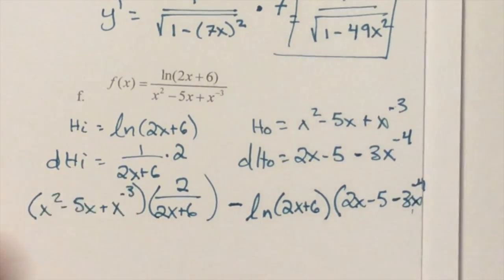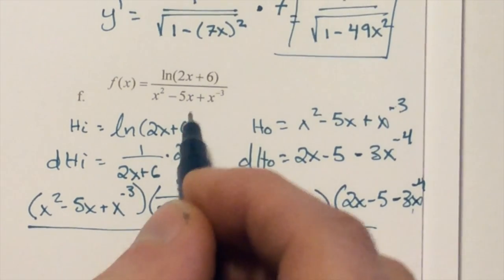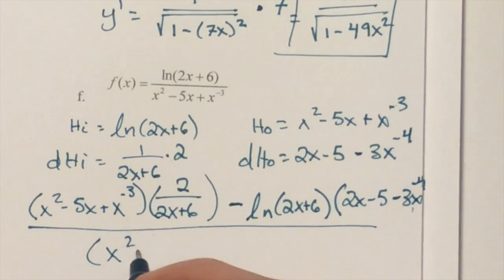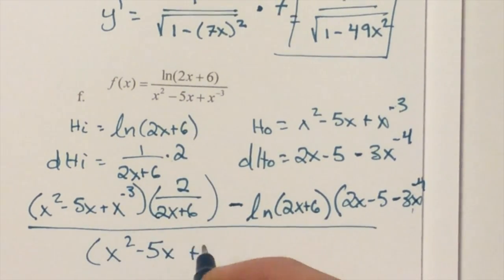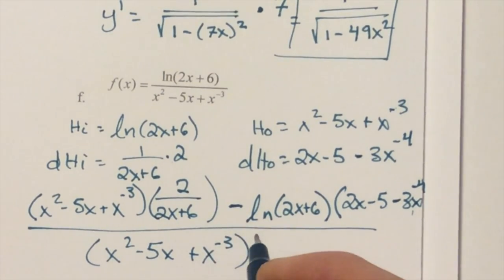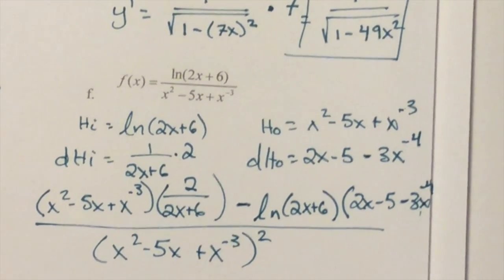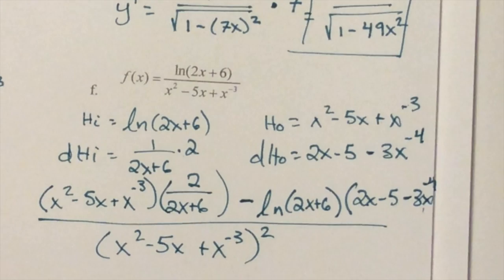All over ho squared, x squared minus 5x plus x to the negative third, squared. If we look at all of that, I'm not going to ask you to simplify that. Once you get to here, leave it.